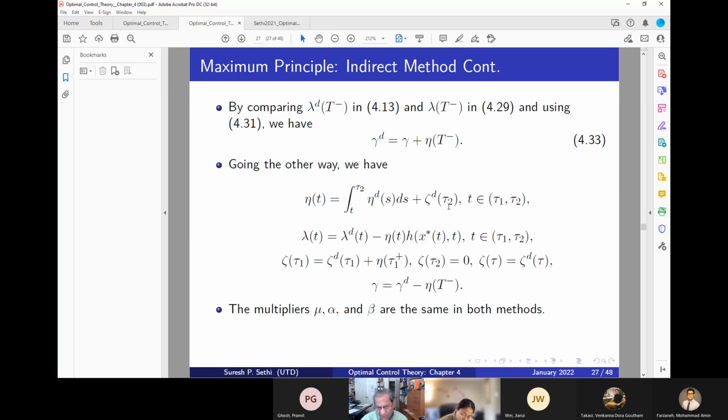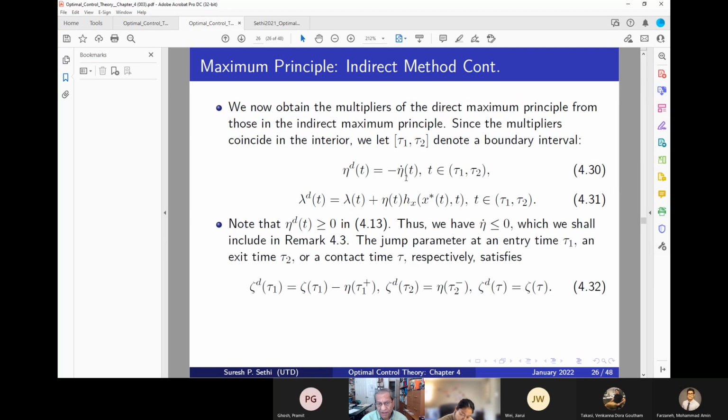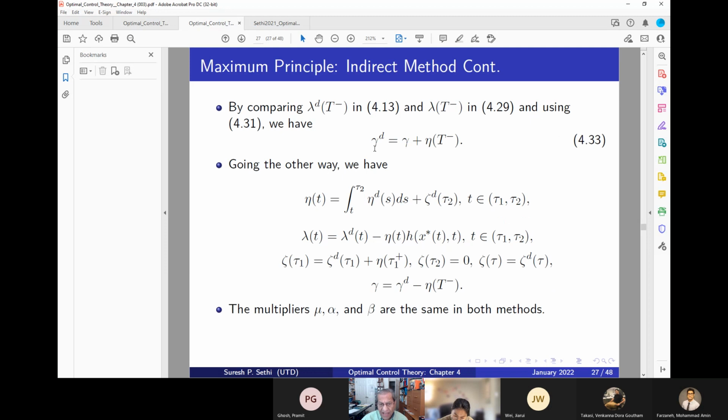So this is going one way. This tells you how to go from indirect to direct. If I have the indirect maximum principle, I can find the direct multipliers. That one says how to go from direct to indirect. These are all available in the literature. This is the reverse of the other one.